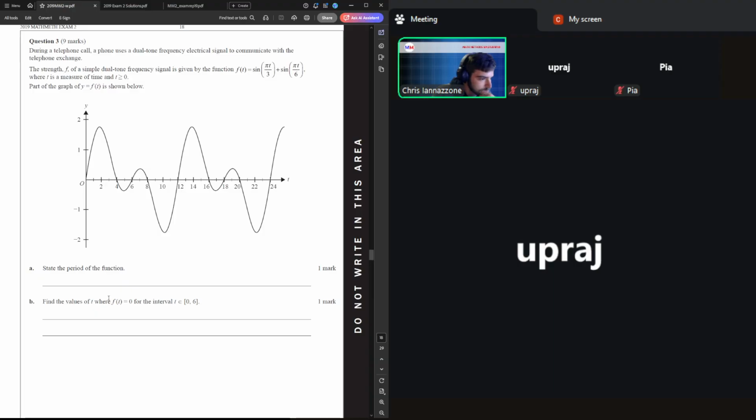Cool. Alright, period 12. Next up, find the values of t where f of t equals 0. So just solve f of t equals 0. Reminder, this is CAS.